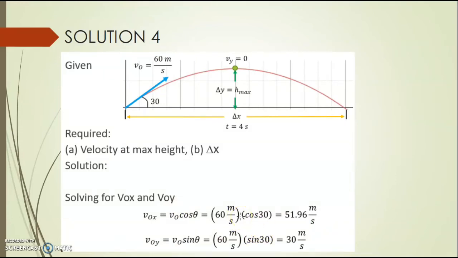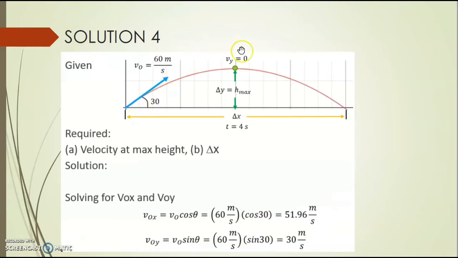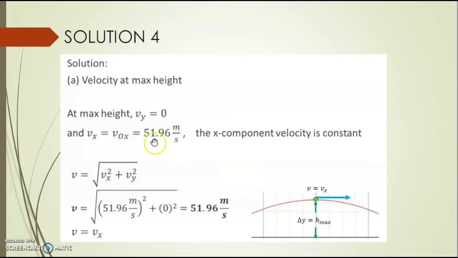That's 51.96 meters per second. And the horizontal velocity all throughout the projectile trajectory is constant because there is no acceleration that affects the velocity along the horizontal axis. Therefore, our Vx there is 51.96 as well.